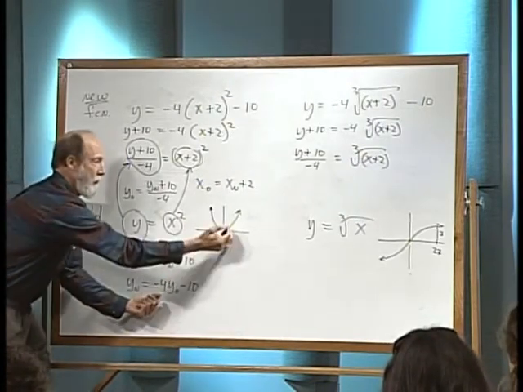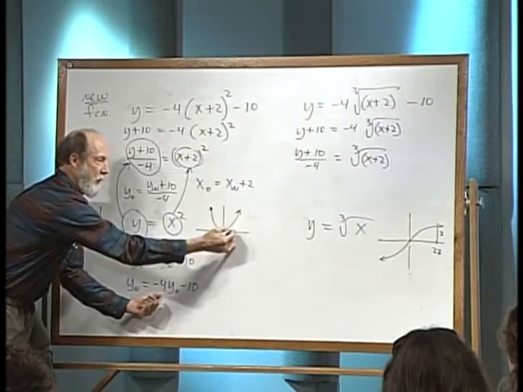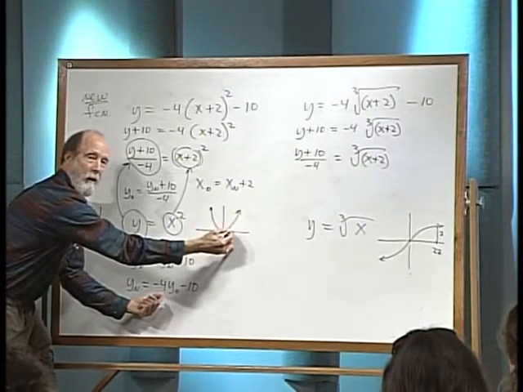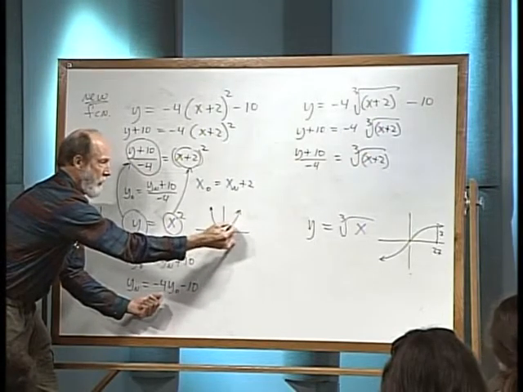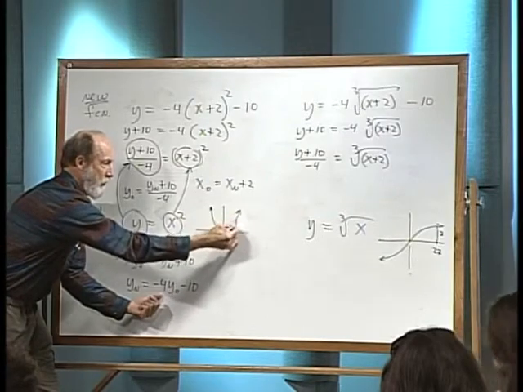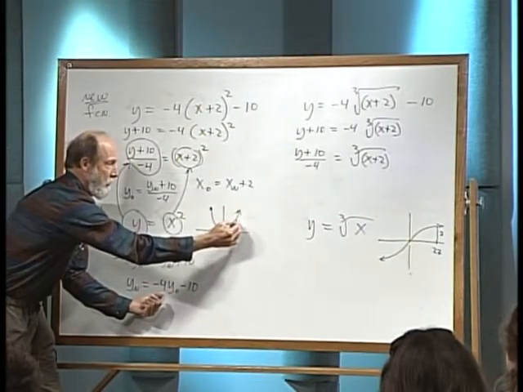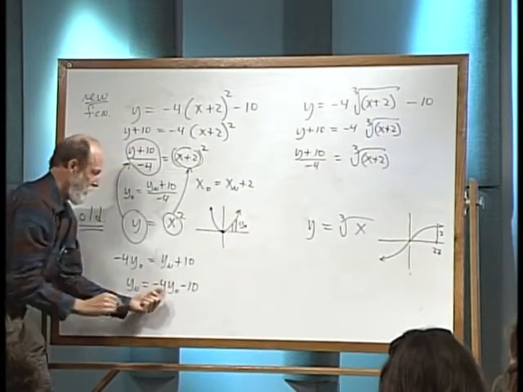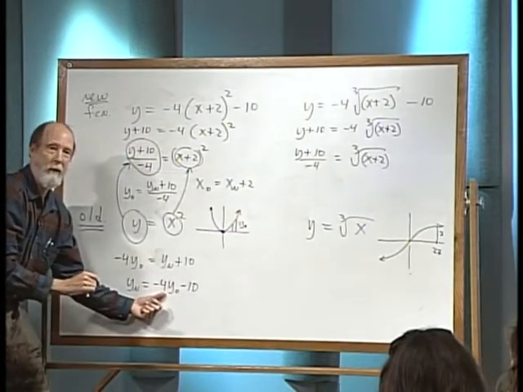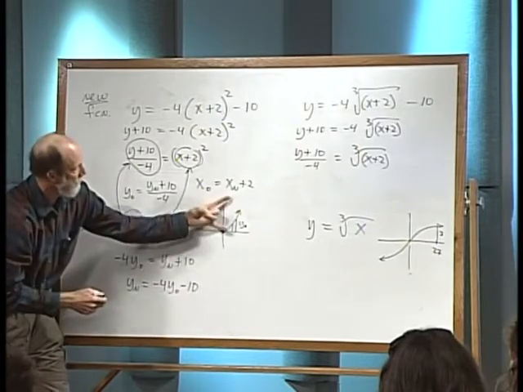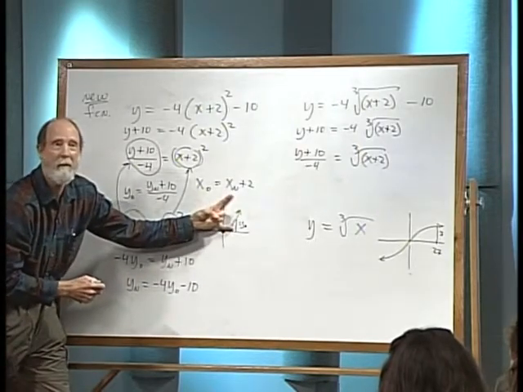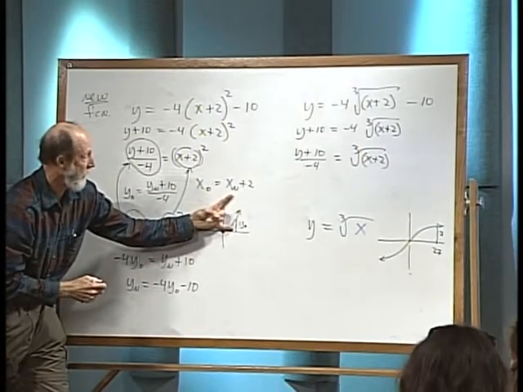So what's that going to do if I multiply these old y's times negative 4? It's going to take these old y readings, which are these y values here, the heights, and multiply them times negative 4. It's going to make them 4 times as big, isn't it? But upside down.